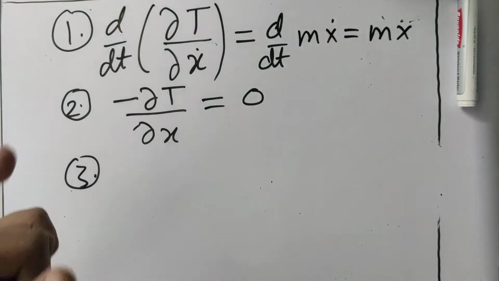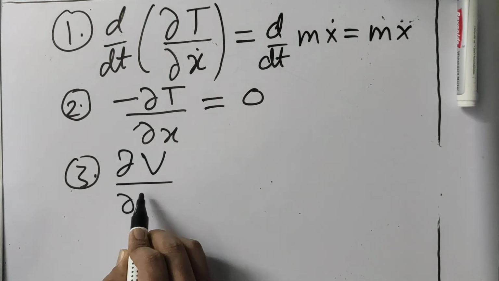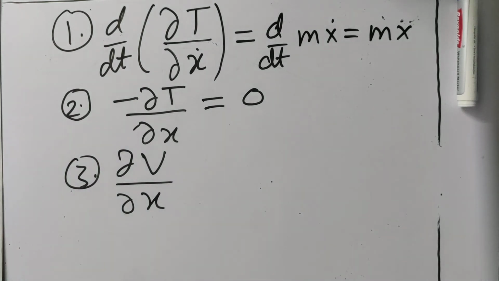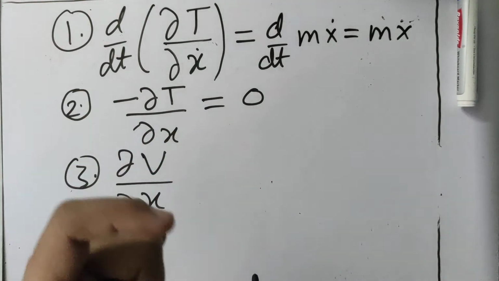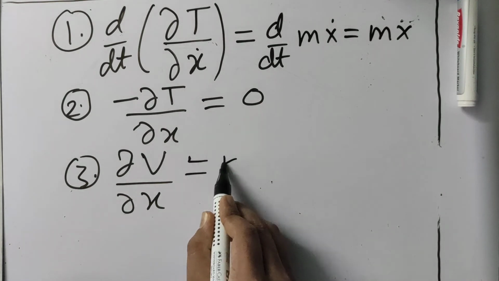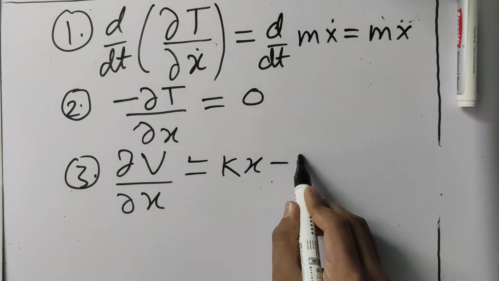Our term 3, what was term 3? It was partial of V with respect to partial of x. Well, is V a function of x? Let's check. V was half k x squared minus m g x. So what are we getting? This is kx minus mg.